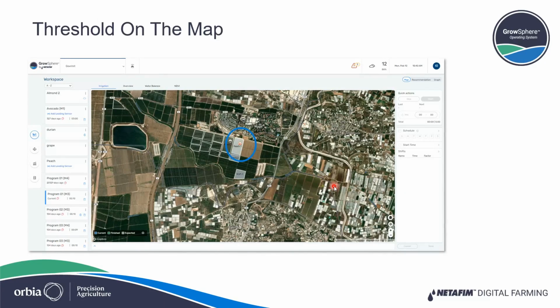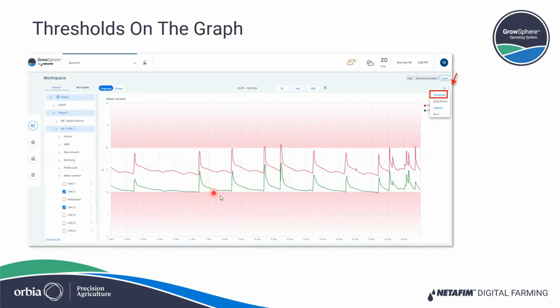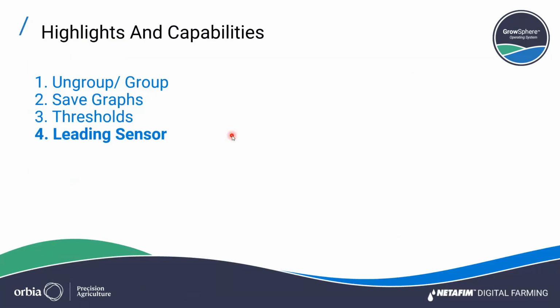Those thresholds make it very easy once you get into the graph and you see those thresholds, you want to stay in between those lines. Once you cross it, you know that something went wrong.